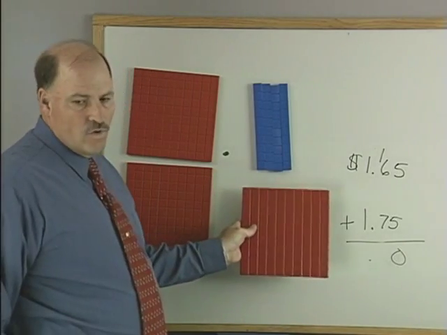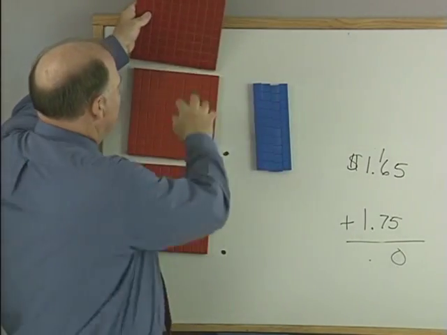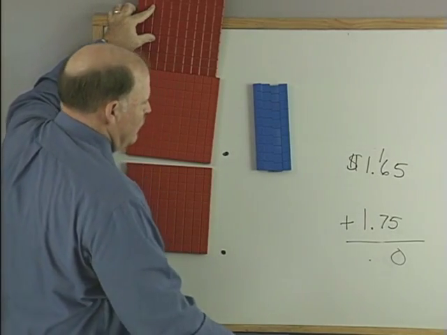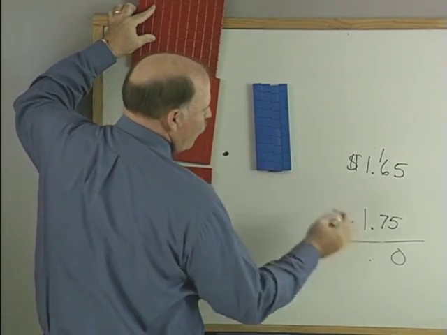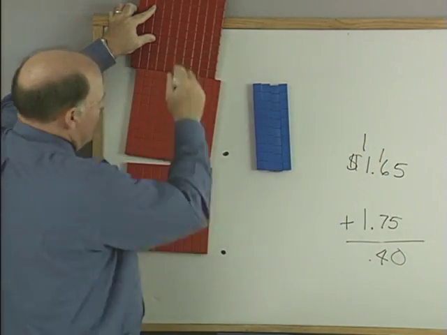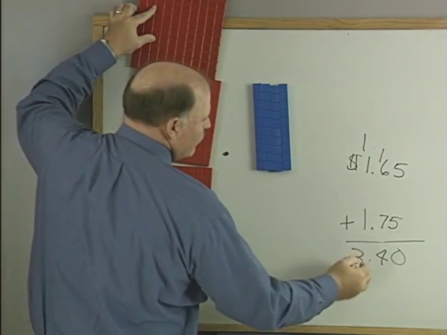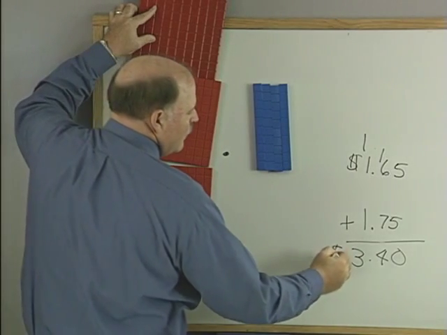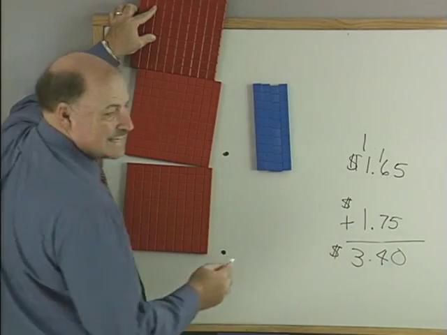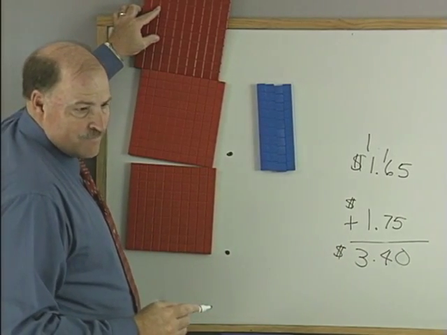And where does this go? Over here. So what do we have now? We have 4 dimes left, but we took another dollar over here. Now we have $3 left. $3.40. Did you all get that? Very good. Nice job.